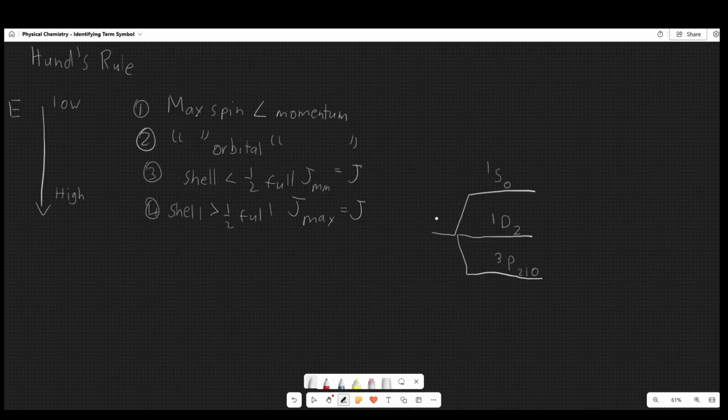So this one is always going to be psi space symmetric and psi spin anti-symmetric, and so you can already write the wave functions for this. Same thing for the others. Now that we have the term symbol, we can write these wave functions as symmetric or anti-symmetric. And yeah, that's it.